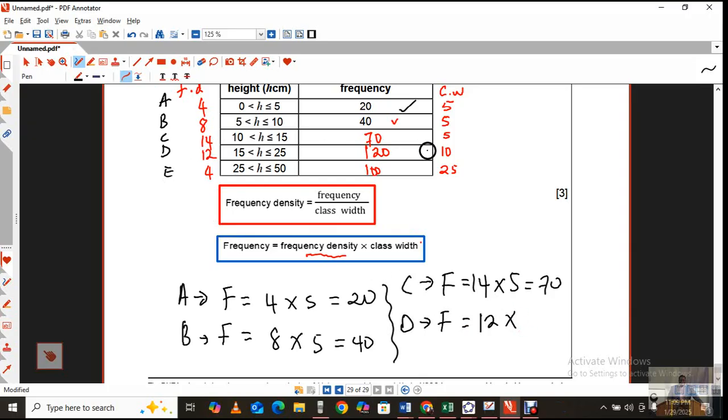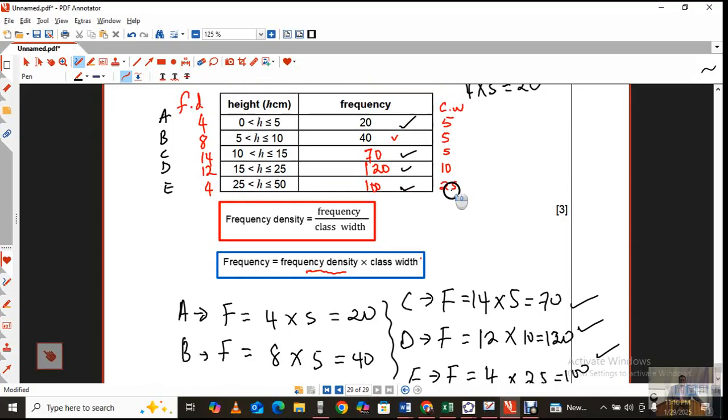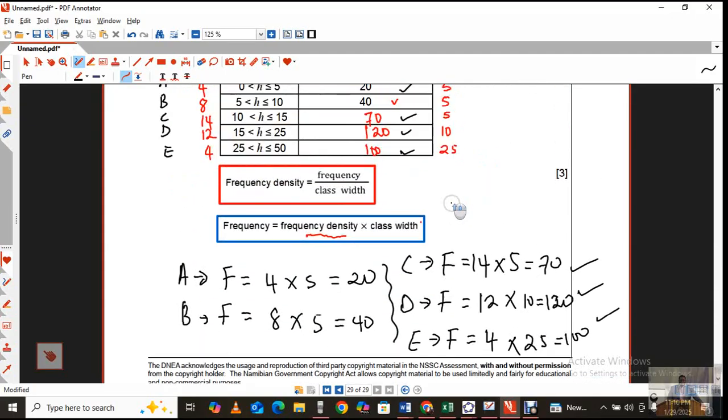What is the class width? 10. 12 times 10 is 120. Got it there. Okay. What is the one for E? The frequency would be calculated by saying the frequency density, which is 4 from the graph, times the class width, which is 25. That is 100. And this is how we find those 3 marks for you, because it's 1 mark for each.